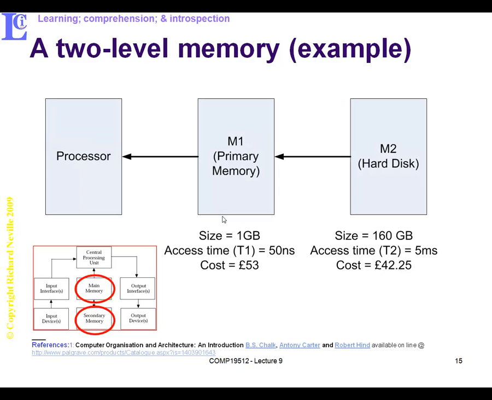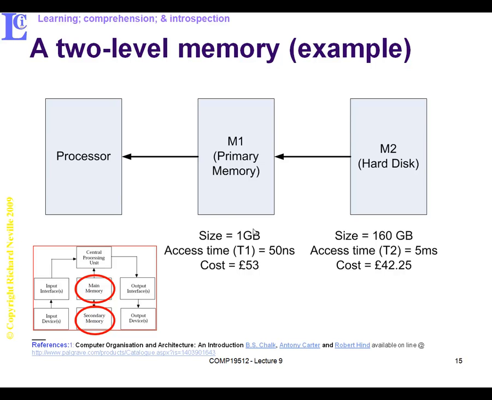So let's look at it another way, from another book maybe, and we'll see a 2-tier memory has a primary memory connected to the processor, it's nearest to it, and a secondary memory. In this book, it's called a hard disk. Now the naming conventions we're going to bring online are M1 is the primary memory, M2 is the hard disk or secondary memory. So M1 is the nearest to the processor, M2 is the furthest.